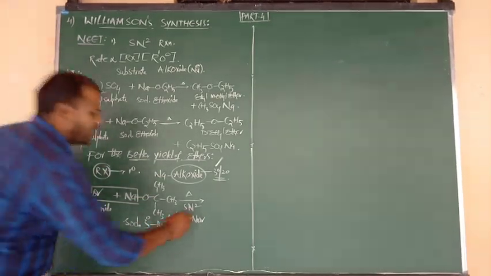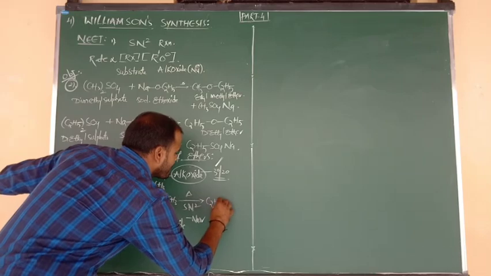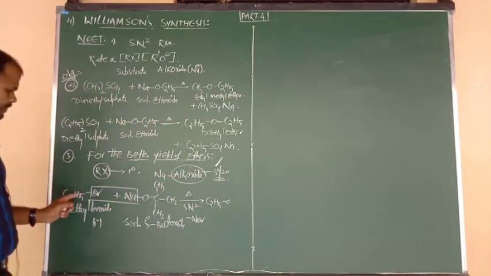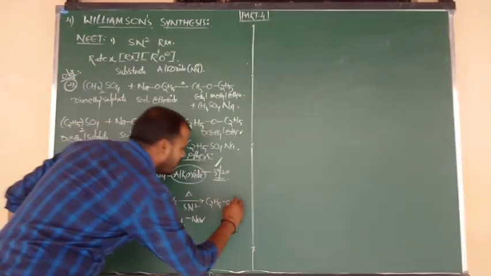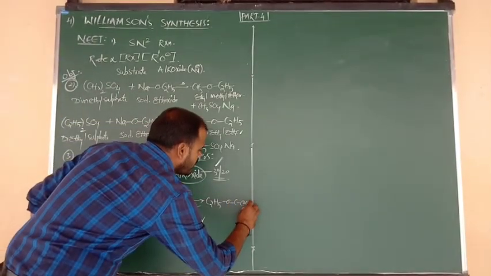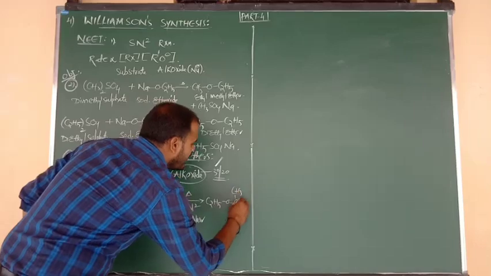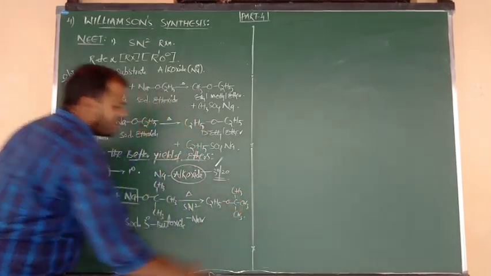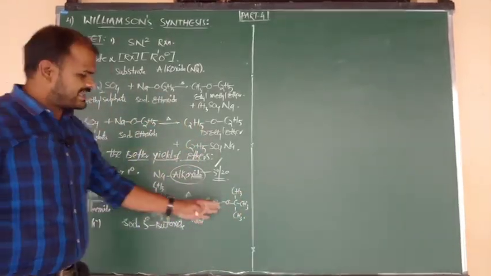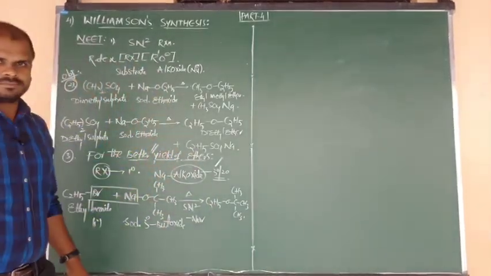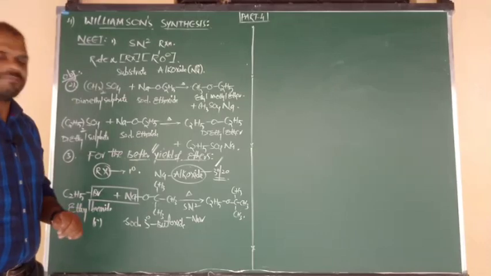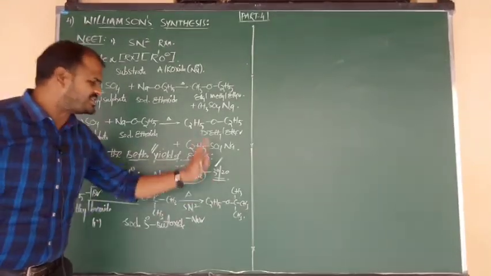So C2H5 is bonded to O, and O is connected to C, and that C contains 3 methyl groups. Now try to say the name. This is the ether. We get this ether in very good yield because the alkyl halide is primary and the alkoxide is tertiary.